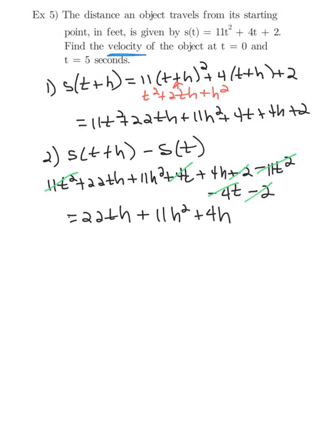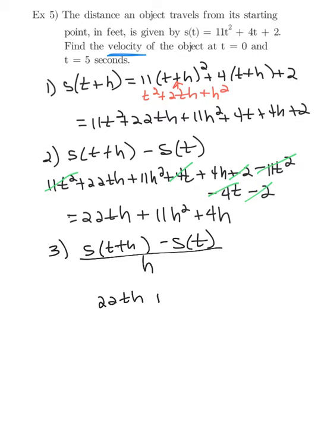For step 3, we want to take our work from step 2 and put it over h. So we are going to have 22th plus 11h squared plus 4h all divided by h.